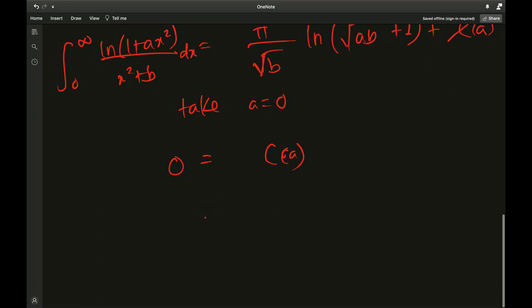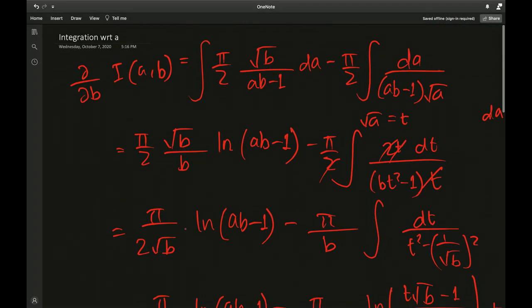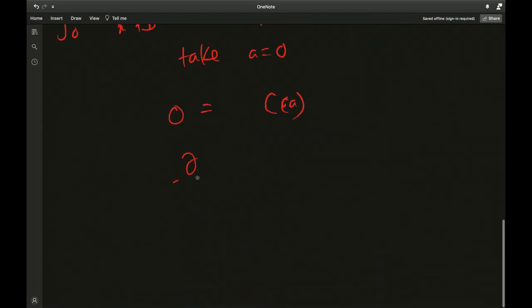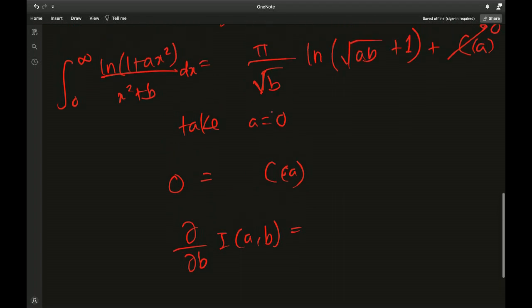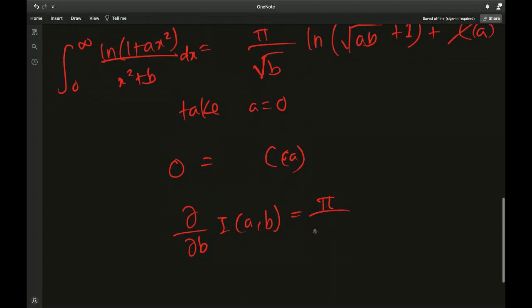That means our expression for the partial derivative with respect to b of I of AB is just whatever we got: pi over square root b natural log of square root AB plus 1, and the constant was 0.